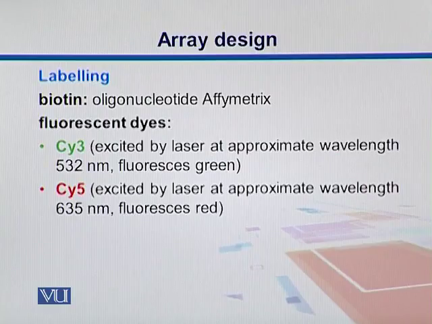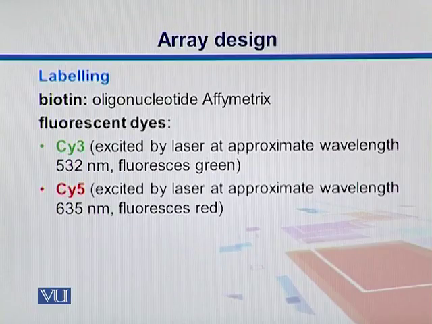As far as the labeling is concerned, we use biotin in the Affymetrix oligonucleotides, and this biotin is then attached to streptavidin, which is attached to phycoerythrin, a colored pigment, so that it can be used to give a color display, and with those colors we can get an idea of the relative expressions.